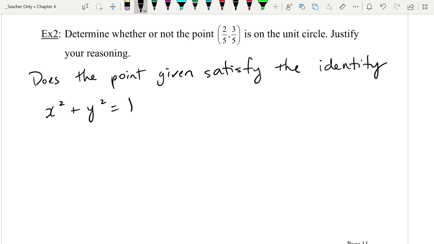This, by the way, is what we call in math a proof. So we're going to try to prove that it works. Work down when you're doing a proof, never across.